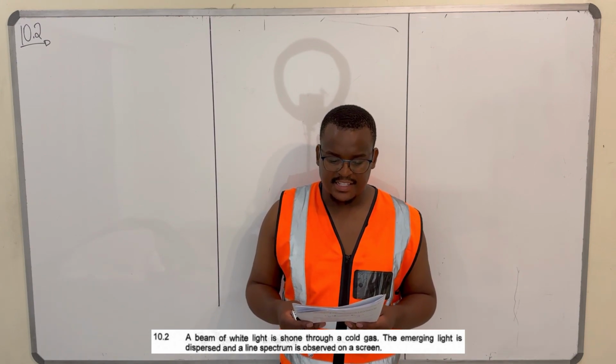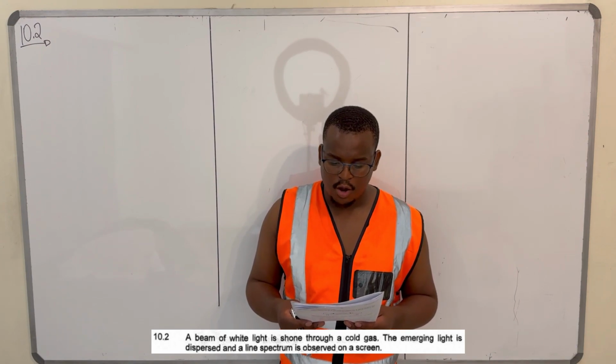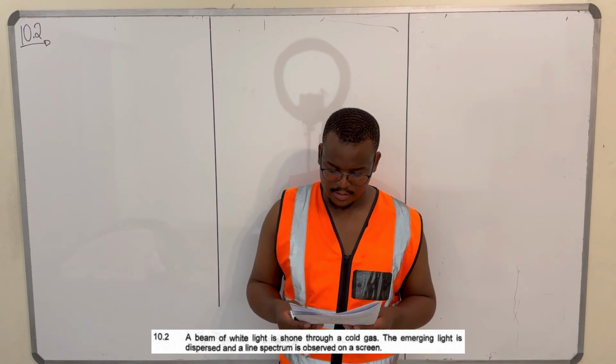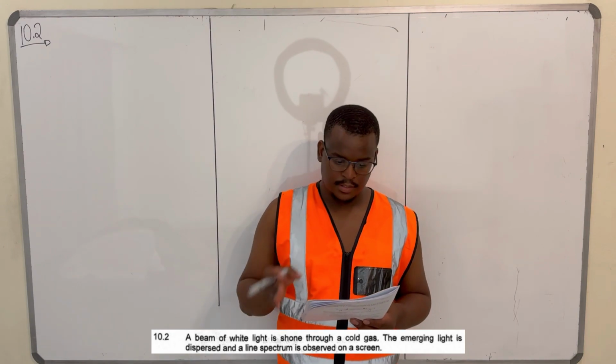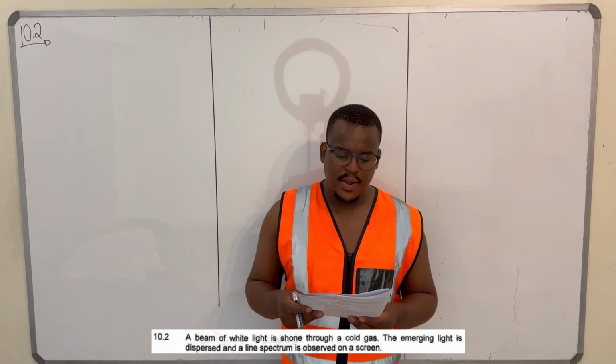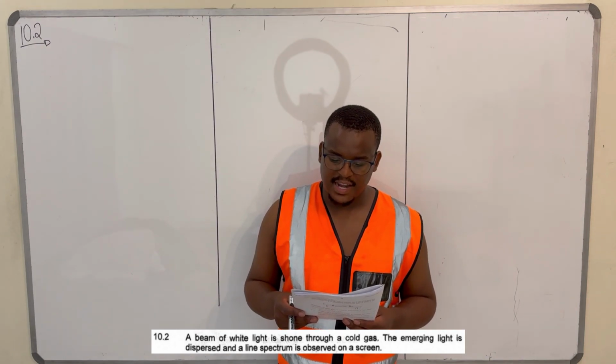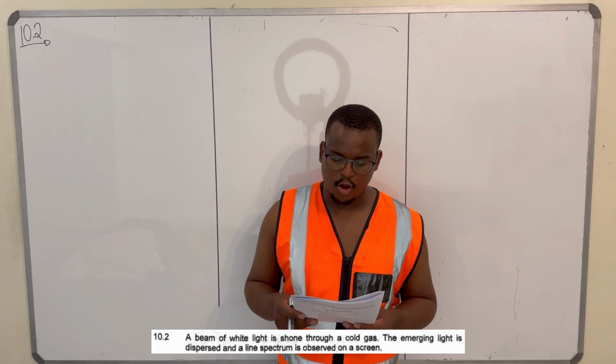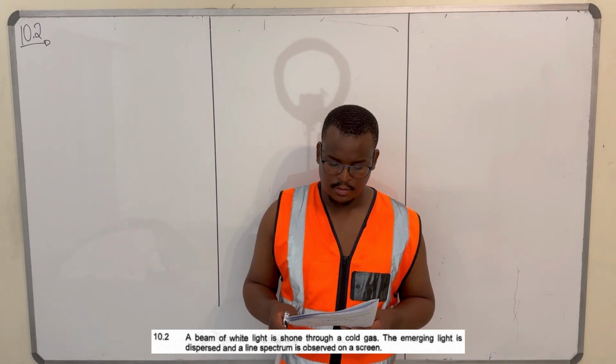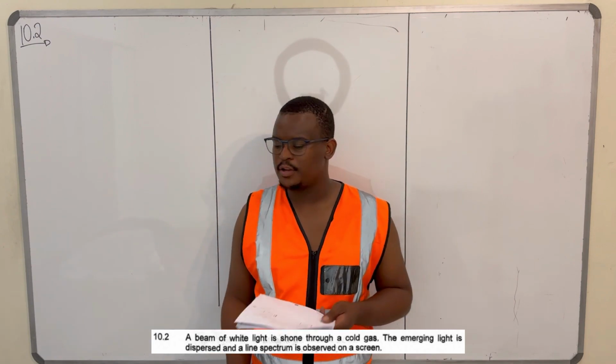The emerging light is dispersed and the line spectrum is observed on a screen. Let me read this again. 10.2. A beam of white light is shone through a cold gas and the emerging light is dispersed and a line spectrum is observed on a screen. No problem. 10.2.1.